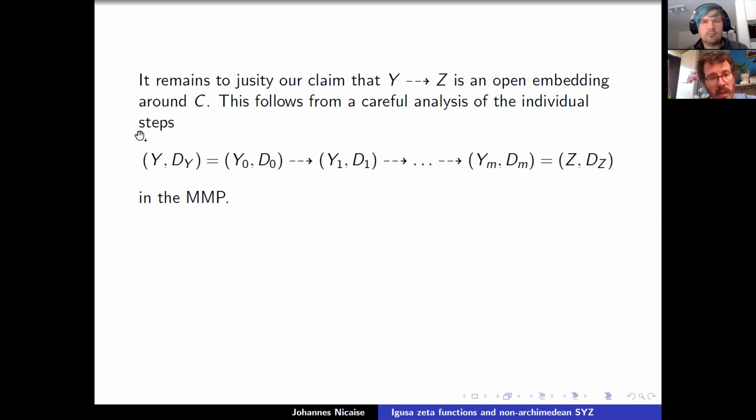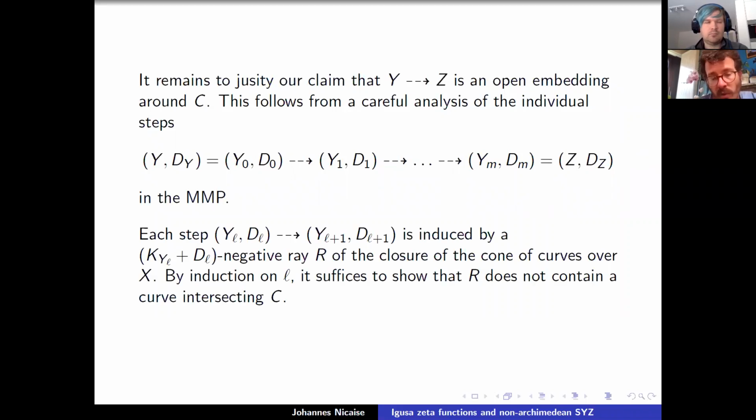We start from our log resolution (Y, D_Y), and then we have a finite number of steps, each of which is a birational map. We call (Y, D_Y) = (Y_0, D_0). In the next step, this is transformed to a pair (Y_1, D_1), and so on until at the end of the process we obtain a pair (Y_M, D_M), which is the end product of the MMP.